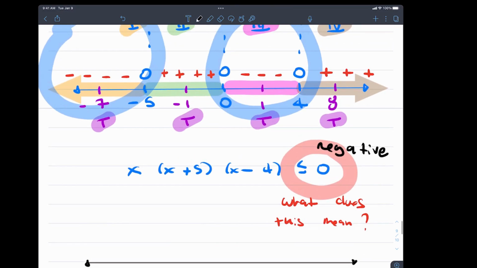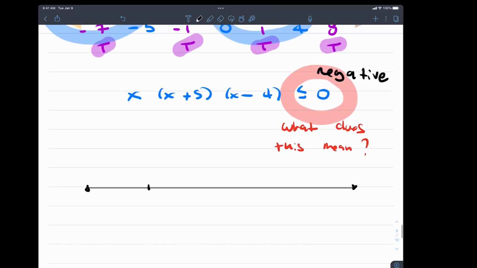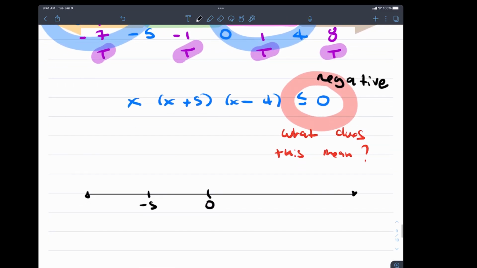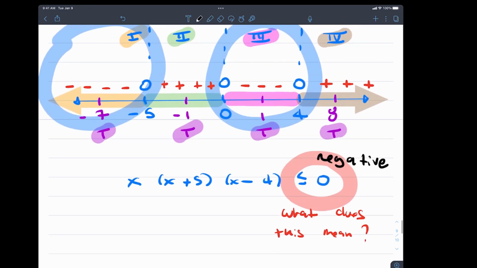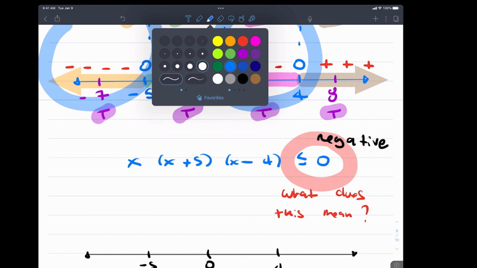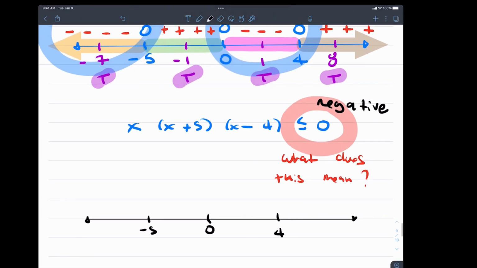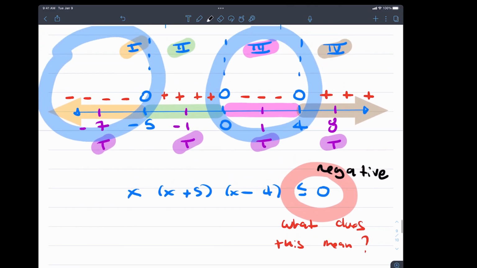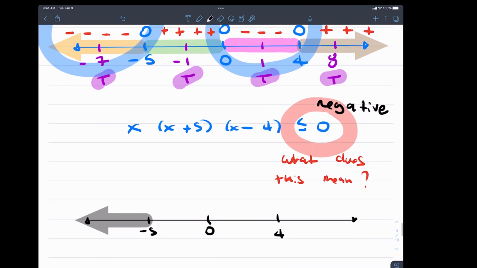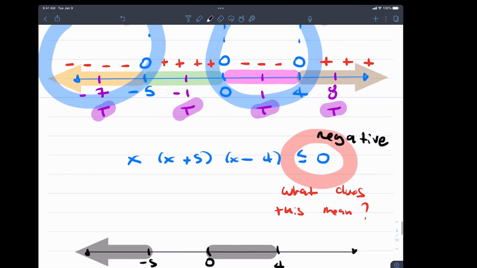So now you might say, what do we do? You're going to have to sketch the graph. So you know you had -5 up to 0, up to 4. Region 1, we got to shade that. This is region 1. Region 3 is between 0 and 4. Shade that.